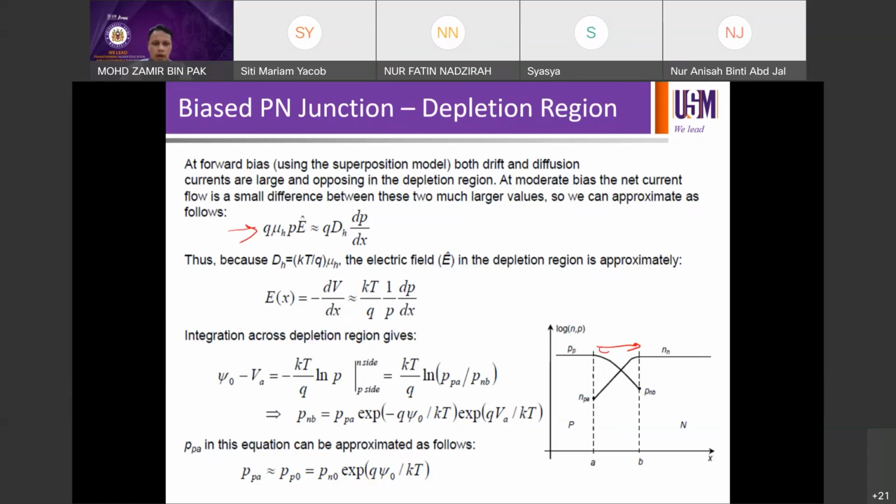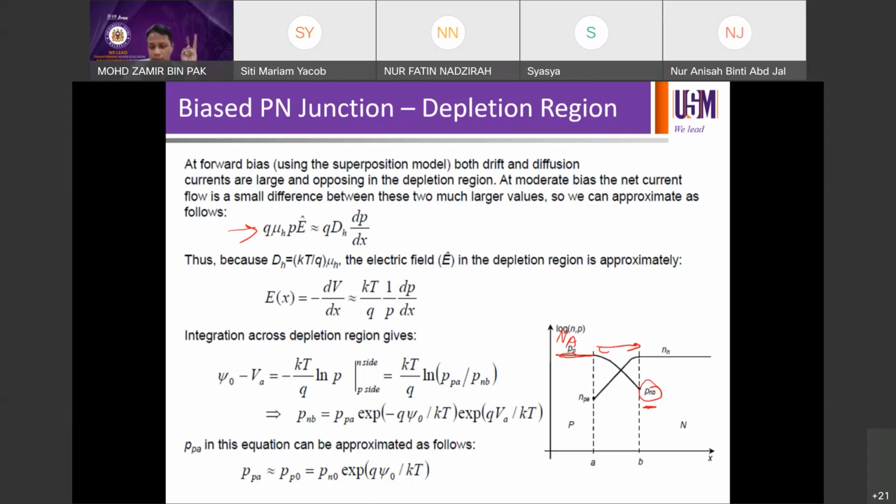So it can be approximated as equal. So let's have a look at the pnb calculation. You started off with pp, and this pp is equal to NA on the P side, and under a forward biasing condition, this pp is going to end up as pnb in the N side at point B. So you should be able to describe the three things.